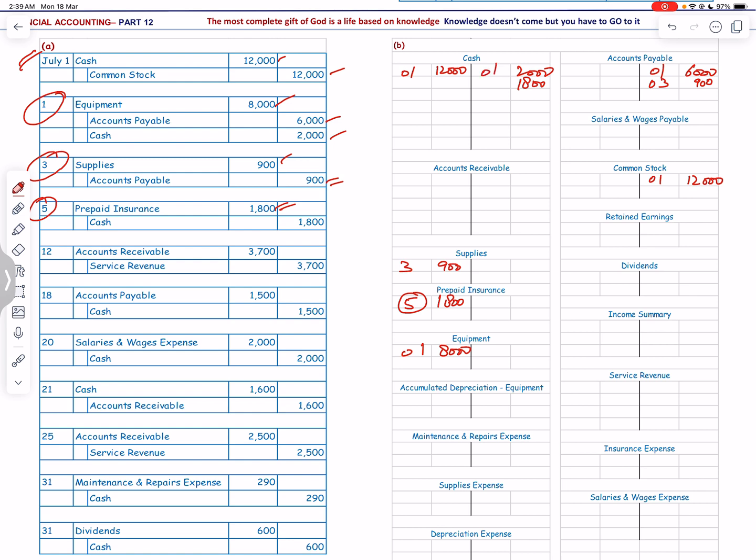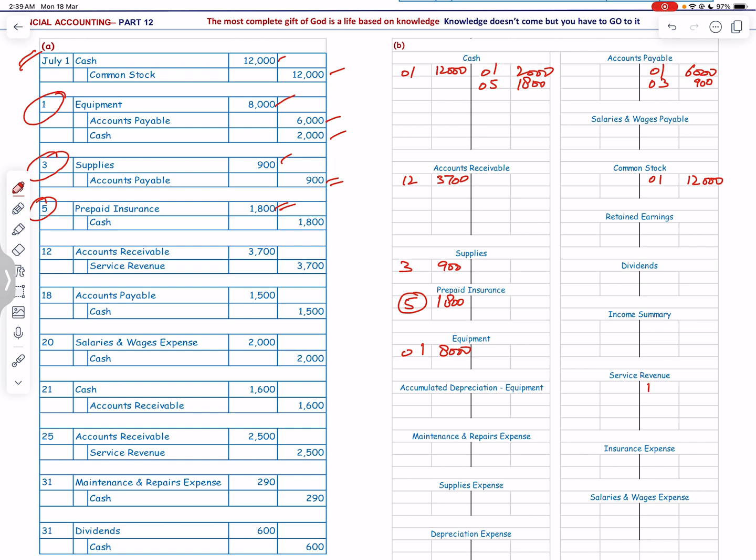Okay, now we move on to number 12. Accounts receivable is debited by 3,700 on July 12, and service revenue is credited on 12th of July by 3,700. Okay.